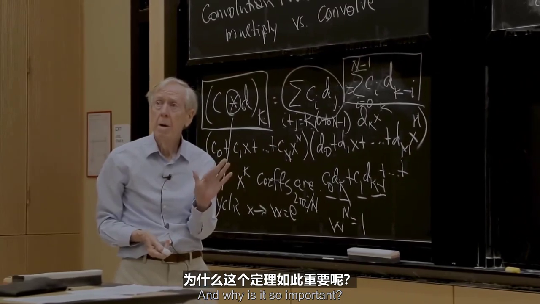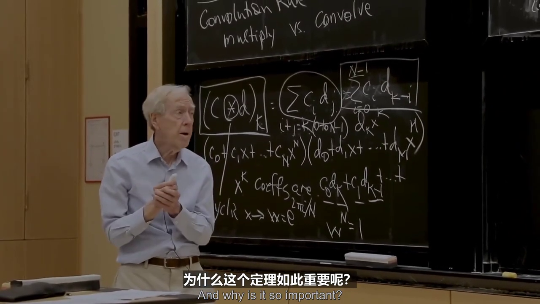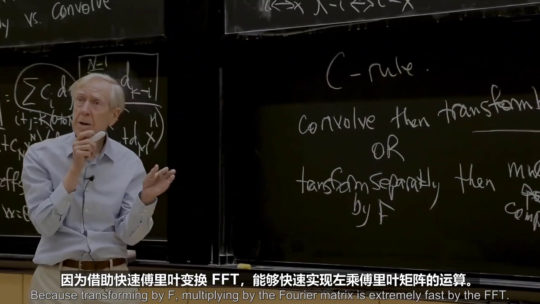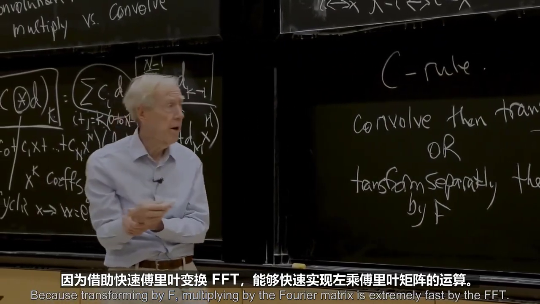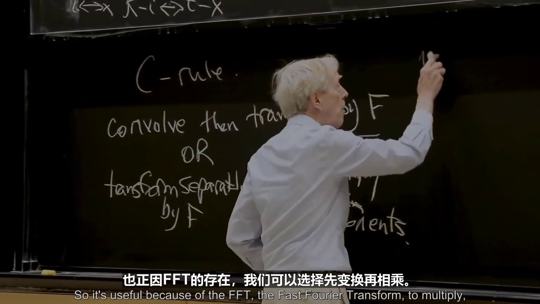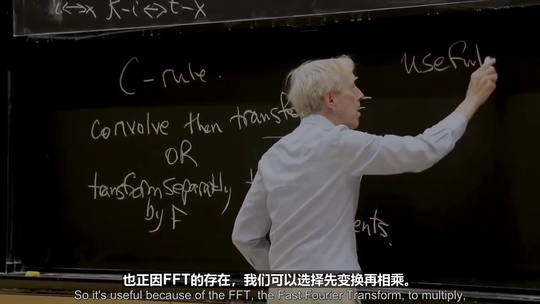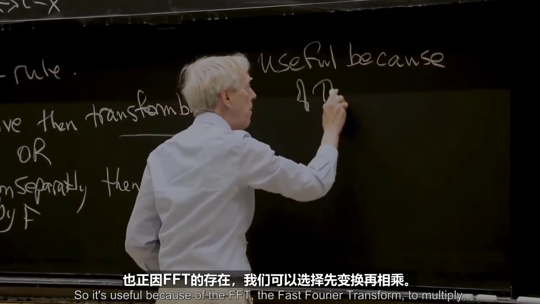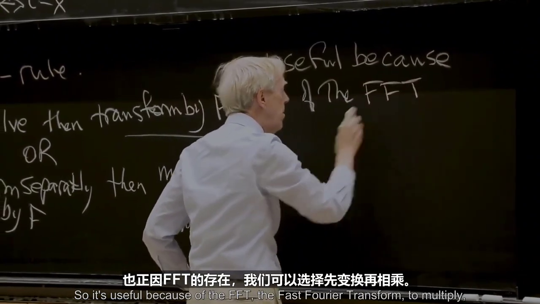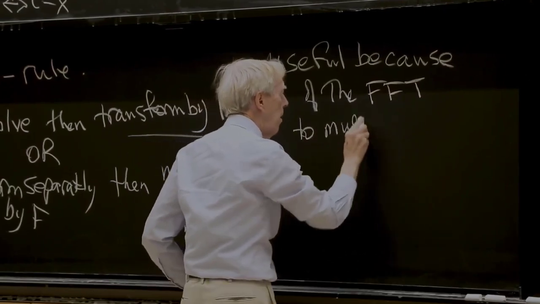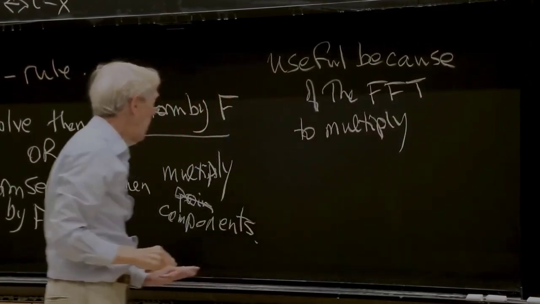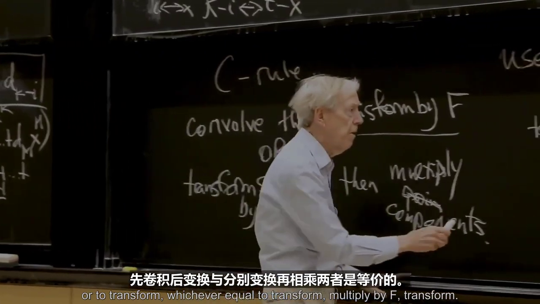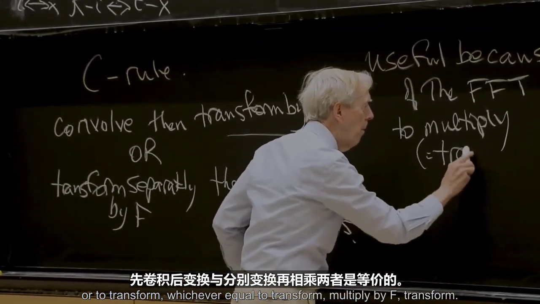And why is it so important? Because transforming by F, multiplying by the Fourier matrix, is extremely fast by the FFT. So it's useful because of the FFT, the fast Fourier transform, to multiply, or to transform, whichever you call it.